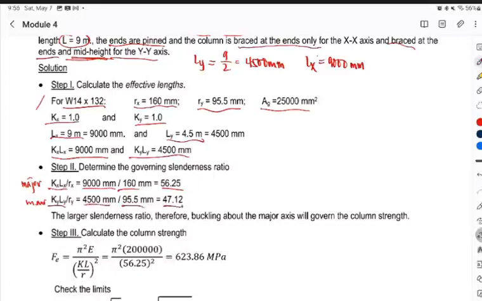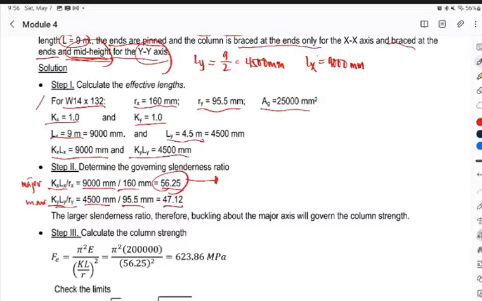Now, di ba nakita nyo dito? In our last example, ky ly all over r sub y ang mag-govern because it has larger values. But because of the bracing in the mid-height, okay, along the minor axis or the weak axis, ang mag-govern na ngayon na slenderness ratio ay yung mas malaki, which is now in our major axis is 56.25.